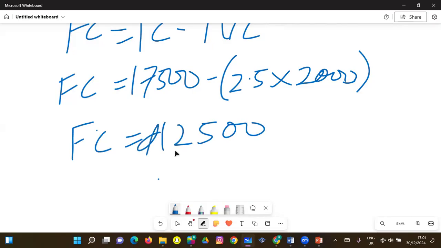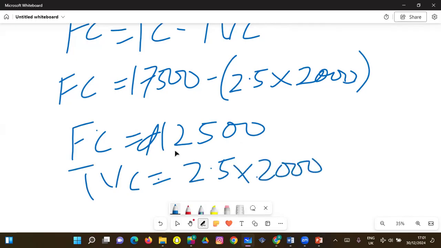And since we know this already, our total variable cost is also 2.5 times 2,000, which is going to give us 5,000, right?